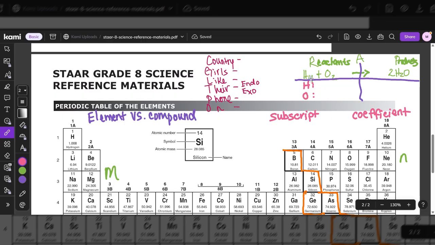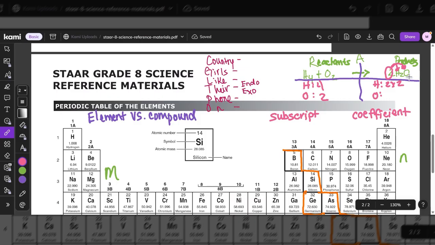The subscript here tells us that there are 4 hydrogen atoms, 2 for oxygen. On this other side, we have a coefficient. We have to multiply times anything that's behind it. For hydrogen and oxygen, we're going to multiply 2 times the subscript of 2.